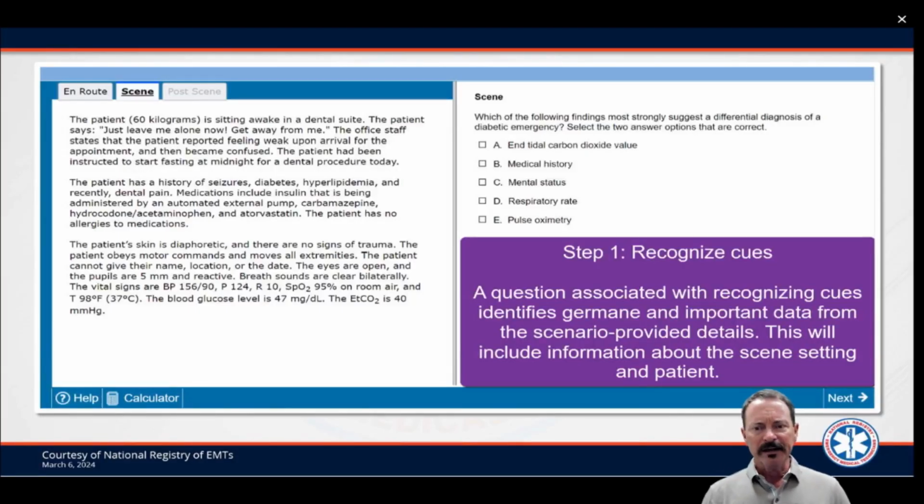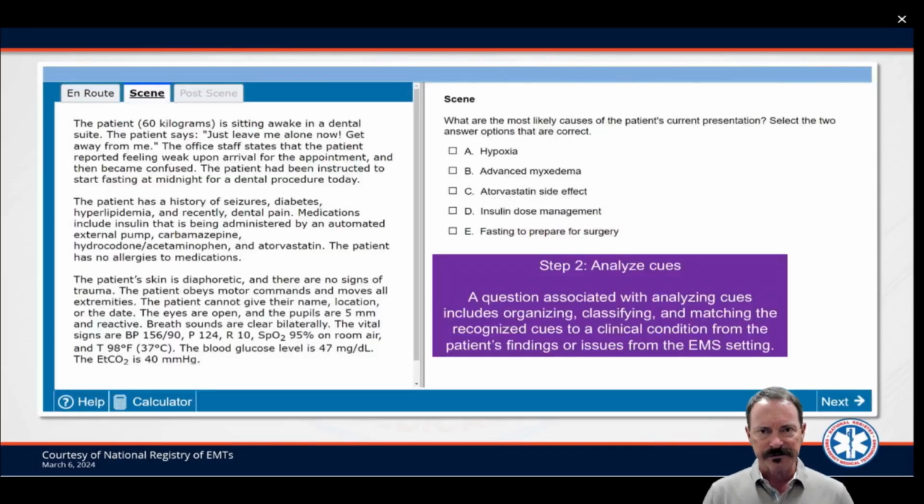So we're looking at the questions there, and it says step 2, analyze those cues. A question associated with analyzing cues includes organizing, classifying, and matching the recognized cues to a clinical condition from the patient's findings or issues from the EMS setting.